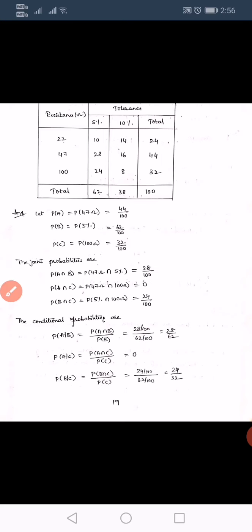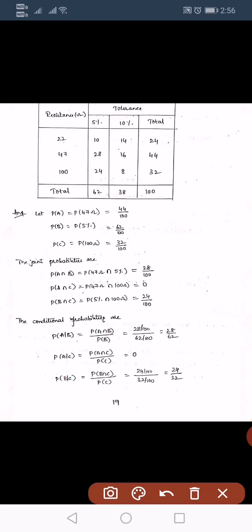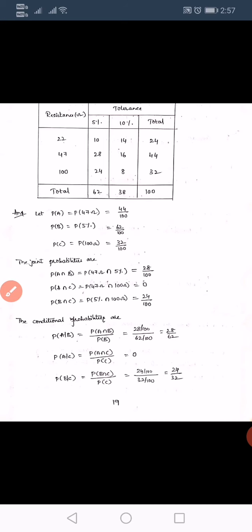Next, P of A given C is P of A intersection C by P of C. A intersection C is 0, so it is 0. Next, P of B given C is P of B intersection C by P of C. P of B intersection C is 24 by 100, the numerator, and P of C is 32 by 100, the denominator. So this is 24 by 32.